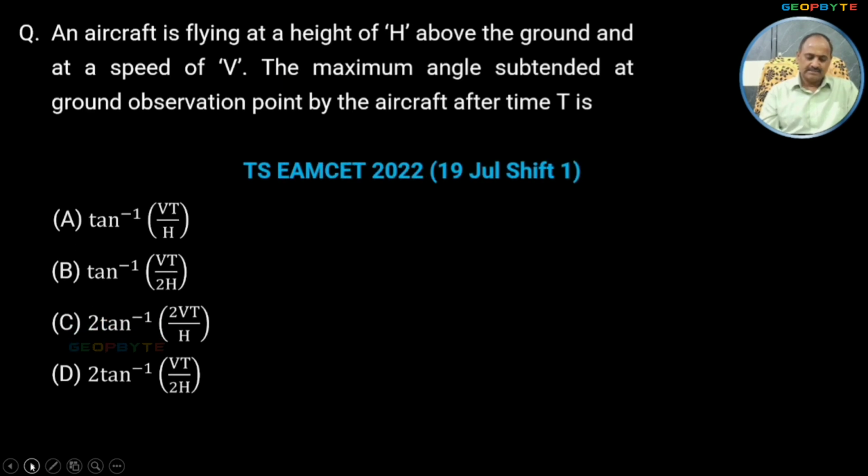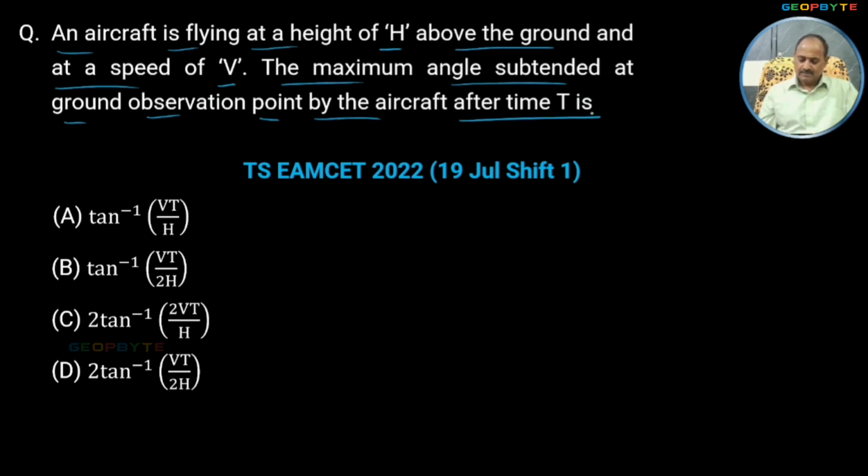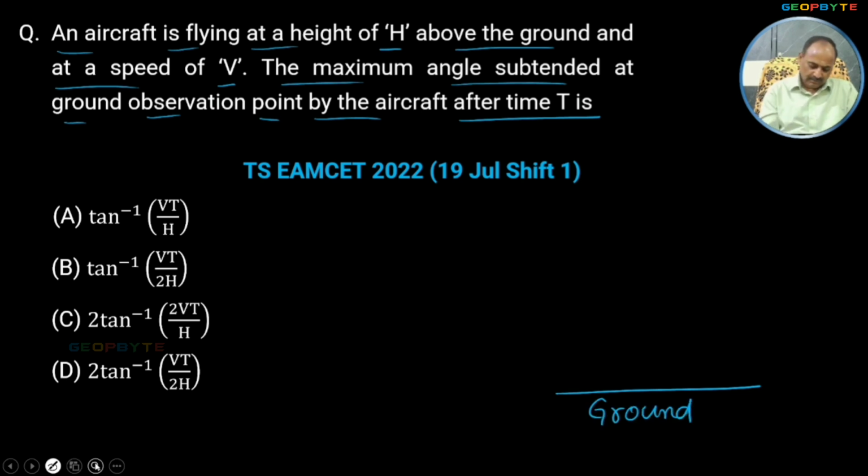It is asking like this. An aircraft is flying at a height of h above the ground and at a speed of v. The maximum angle subtended at ground observation point by the aircraft after time t. Very simple. There is the ground.